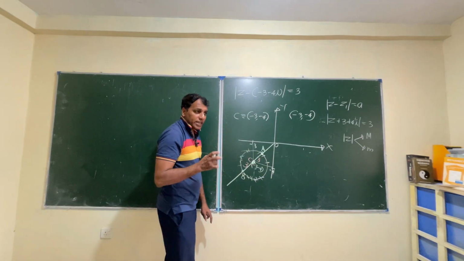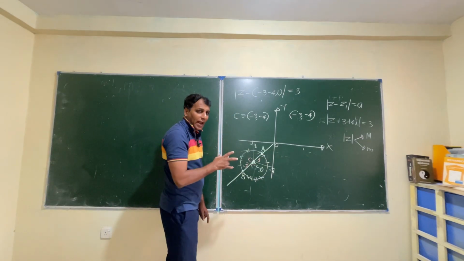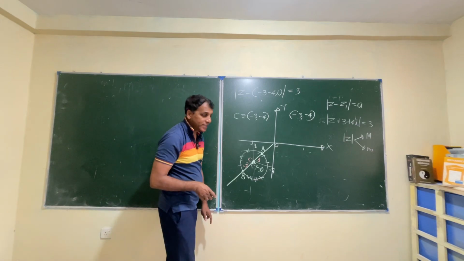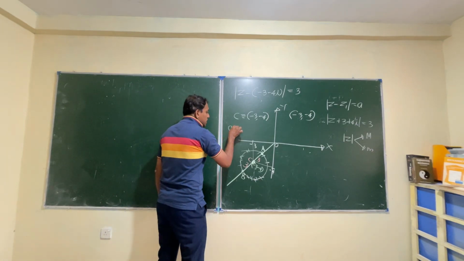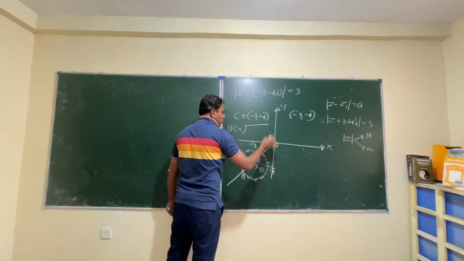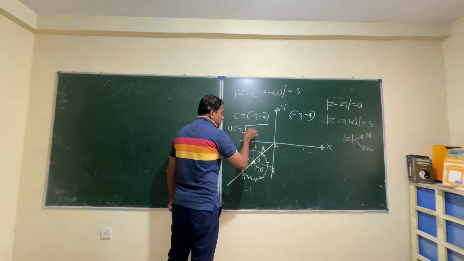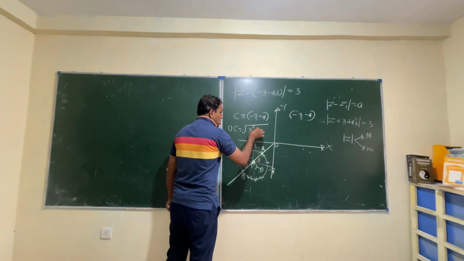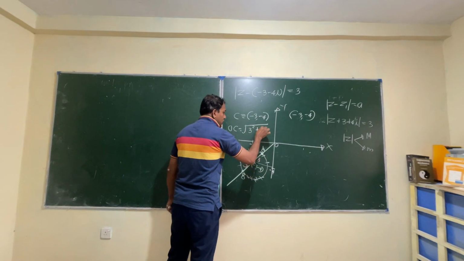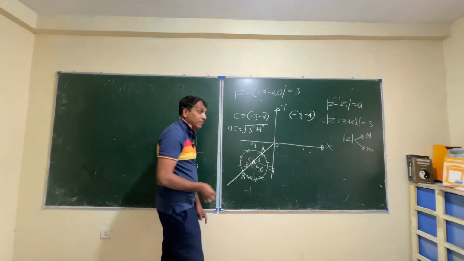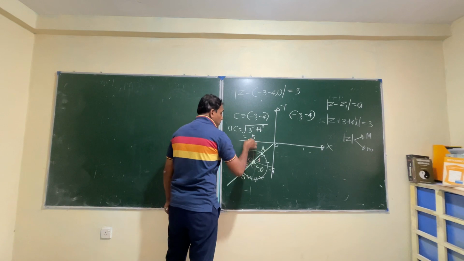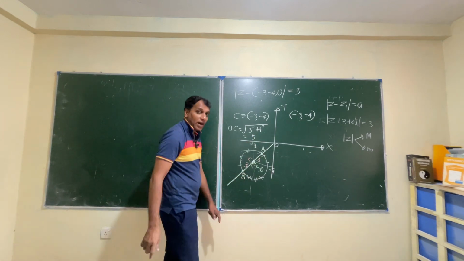This is a coordinate plane, therefore you need some coordinate geometry. OC distance is the square root of (x1 minus x2) squared plus (y1 minus y2) squared. That is 16 and 9, 25, square root is 5. OC value is 5.